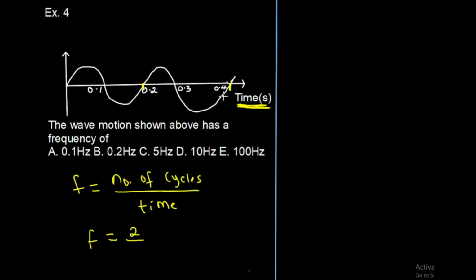We have 0.4 seconds, so we have 2 divided by 0.4, and that's going to give us 5. So we have 5 hertz. That's the value of our frequency, which is option C.